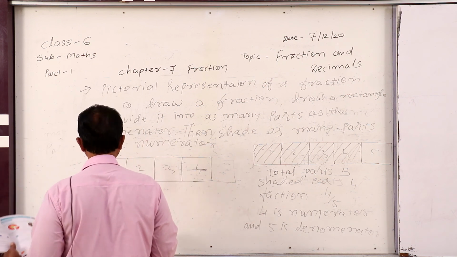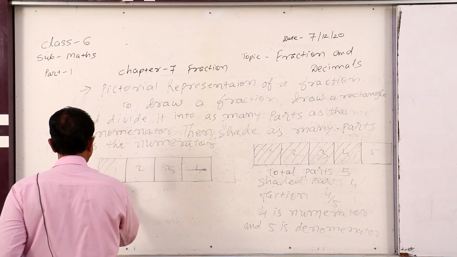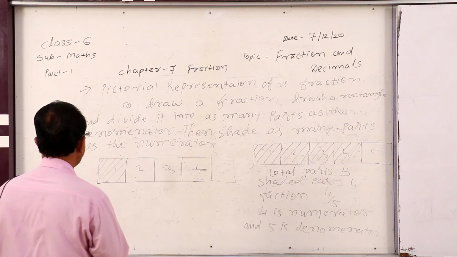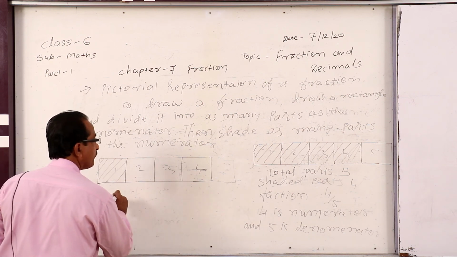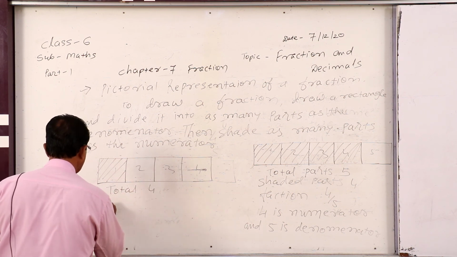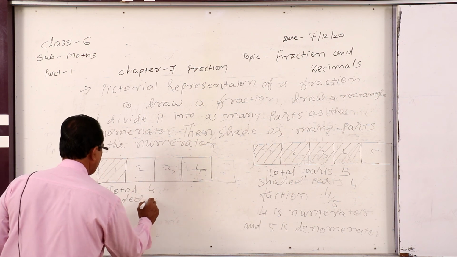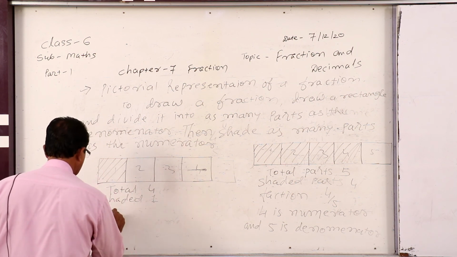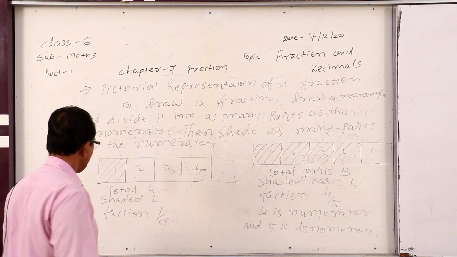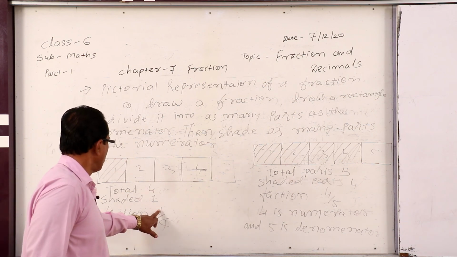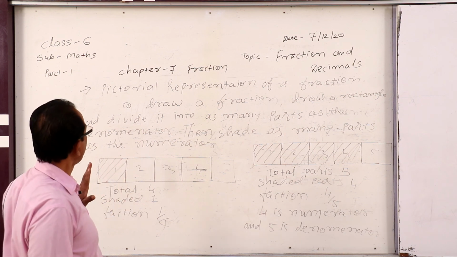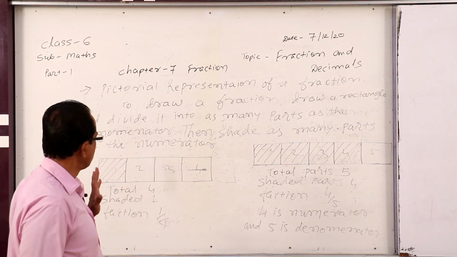And 1 is shaded. So the fraction will be, total 4, shaded 1, fraction 1 upon 4. So here 1 is the numerator and 4 is the denominator. Now you have already understood how a fraction is made.